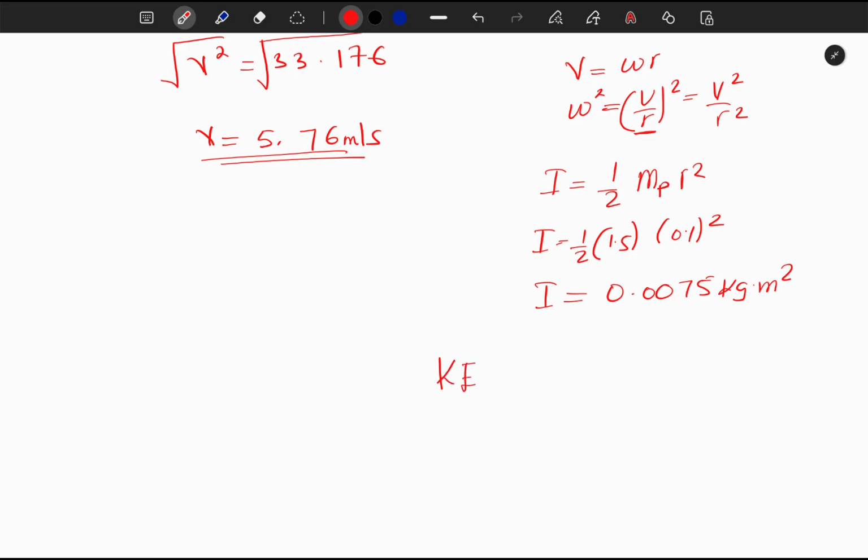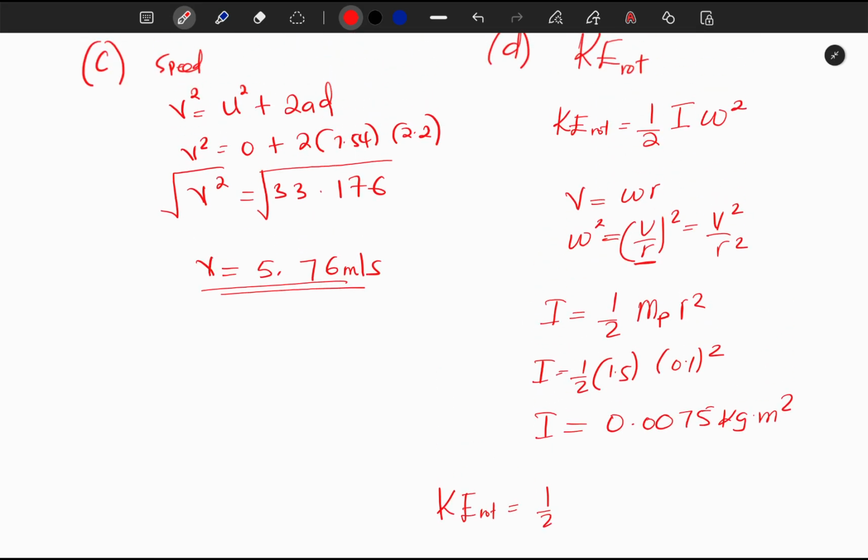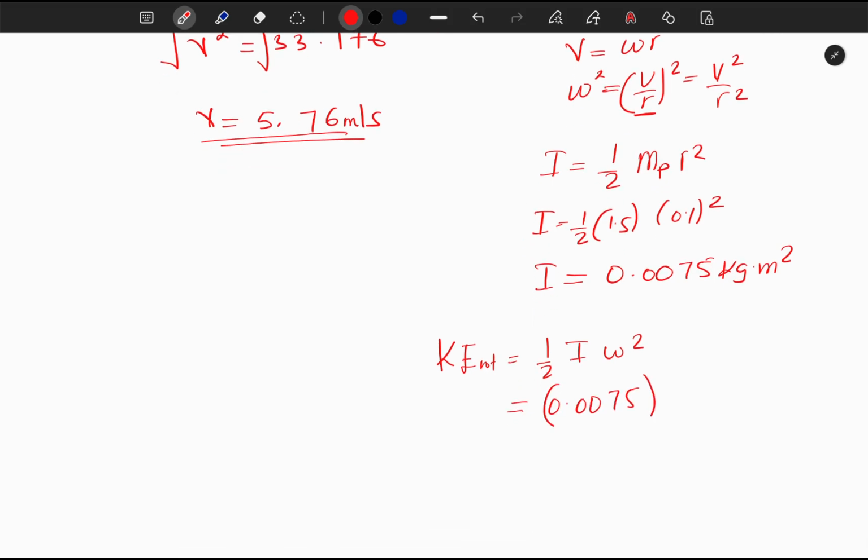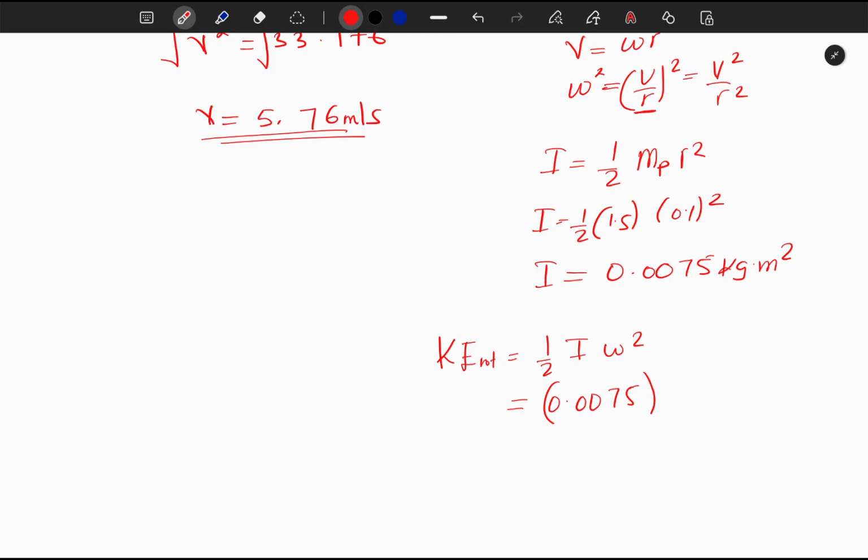Now, can we find Ke rotational? Half I, this is squared. So we only have one. This half has already been found. So 0.0075. Oh, there's already a half here again.